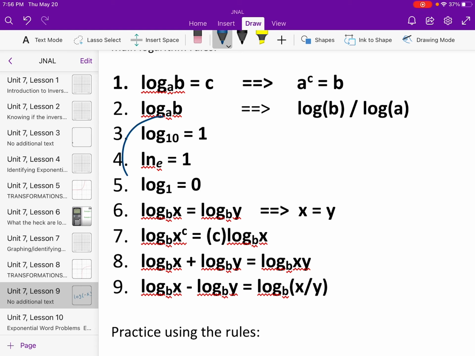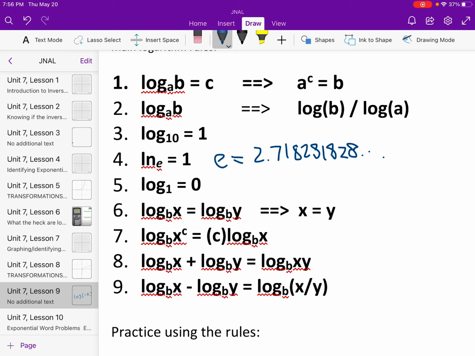Well, these 3 through 5 are just true statements, basically. The logarithm of 10 equals 1. The natural logarithm of e equals 1. Remember, e equals 2.718281828, etc. Actually, don't remember.